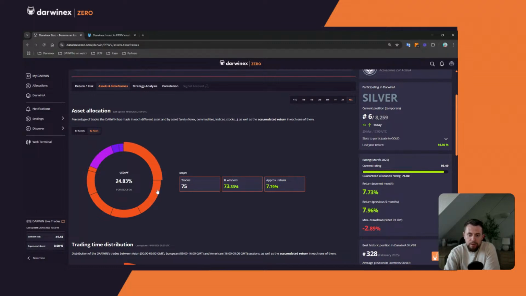So I'm presuming that you risk the same per position, but when you look at this and you do have a good sample size of trades, you've got 75 on dollar yen and 53 on EU. Your strike rate is 20% higher on dollar yen, and you've generated a much, much higher return. Should you be risking the same per asset? I would argue not.